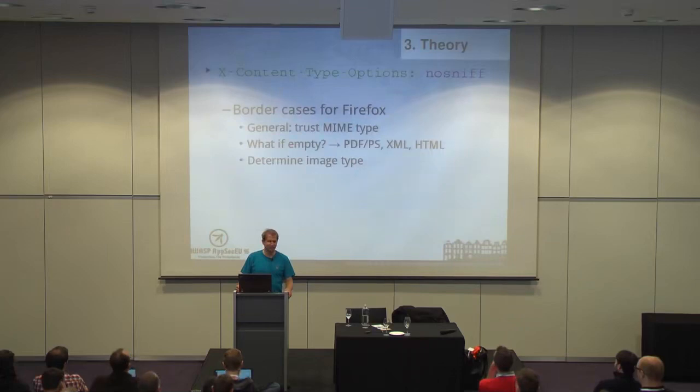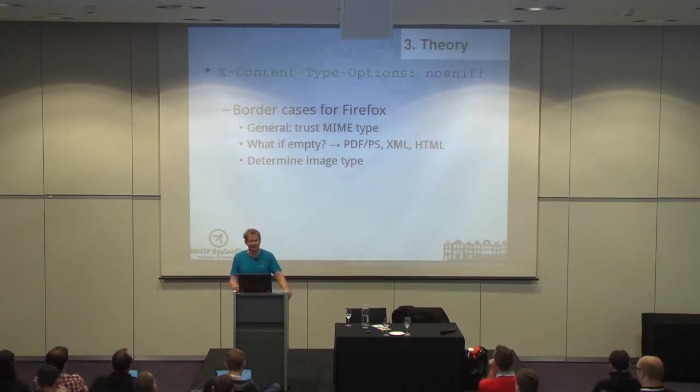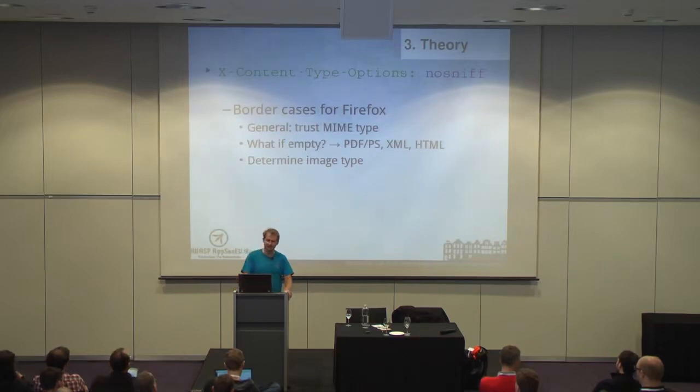For example, what if the server is providing no MIME type? In those cases, Mozilla decided to be a little bit more on the usability side instead of the security side.